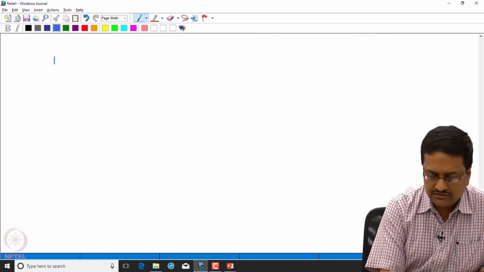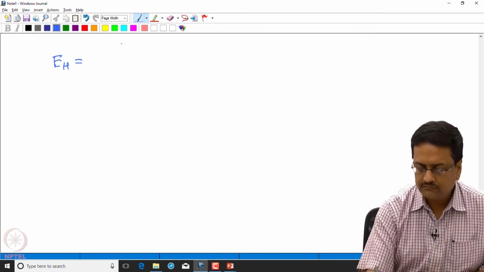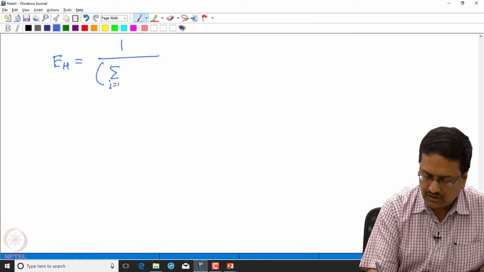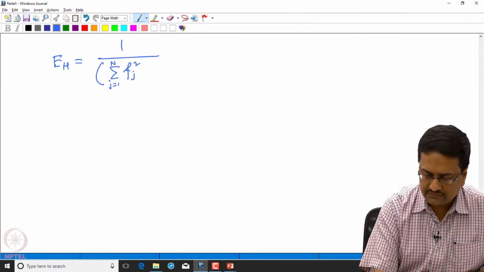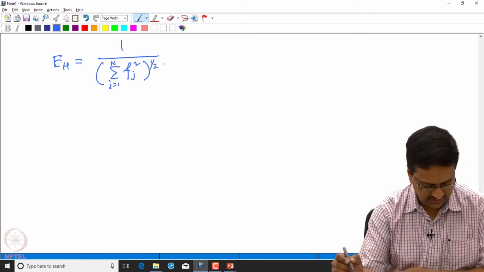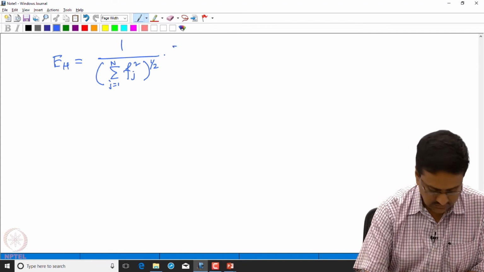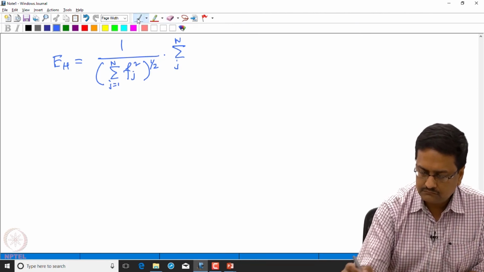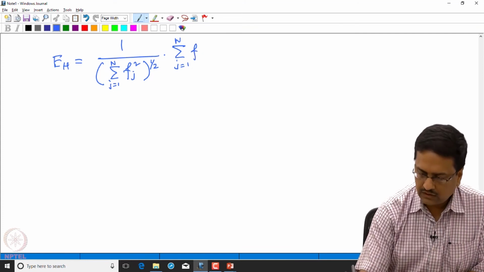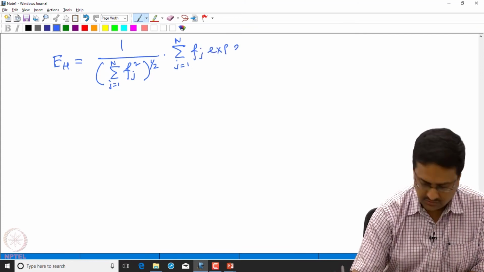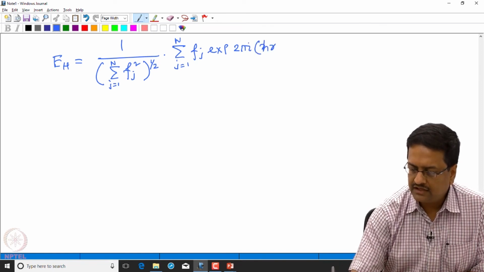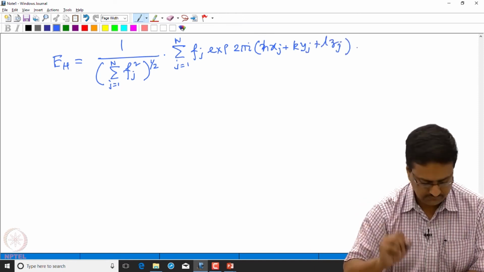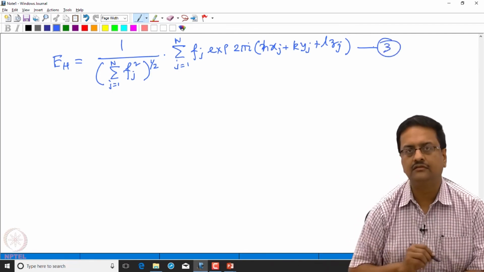So one can write E_H as equal to 1 by the square root of the sum over j equal to 1 to n of f_j square, into the sum over j equal to 1 to n of f_j exponential 2 pi i (h x_j plus k y_j plus l z_j). This is equation number 3.